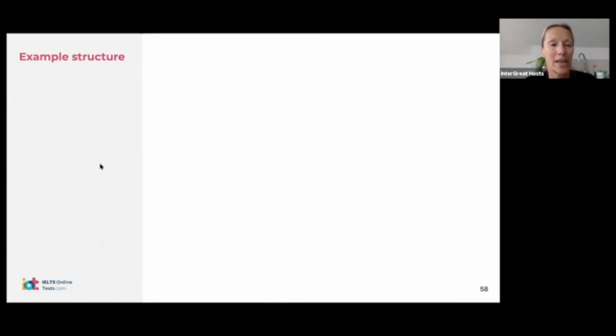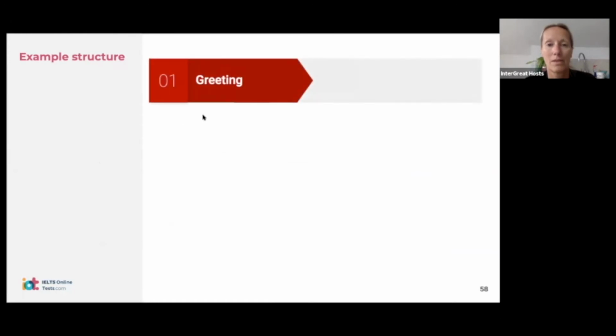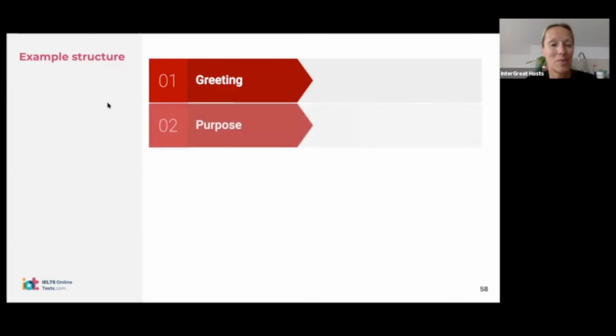Let's have a look at the structure now. First of all, we have the greeting. How many parts do you think we have in this letter? 5, 4, 3. I'll show you how many we have. But some parts are really short, so they don't seem like parts.